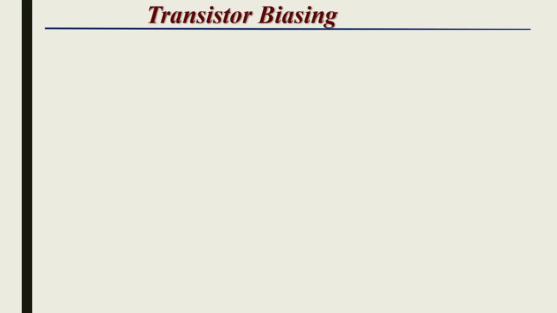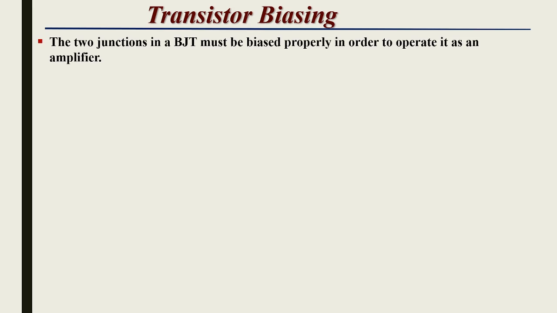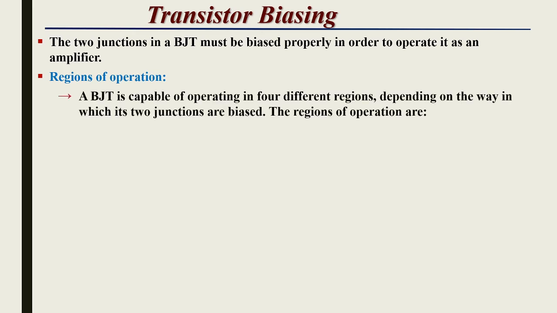Now, transistor biasing. The two junctions in a BJT must be biased properly in order to operate it as an amplifier. A BJT is capable of operating in four different regions depending on the way in which its two junctions are biased.